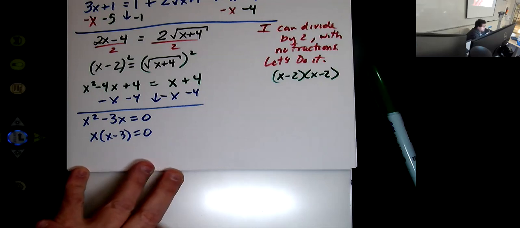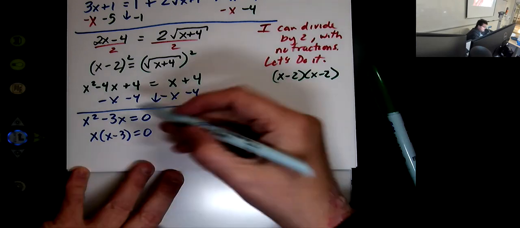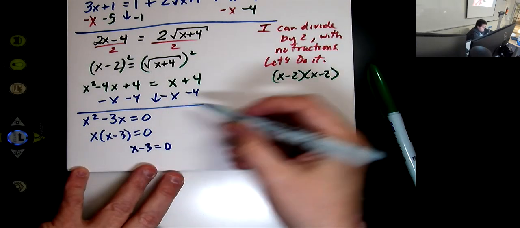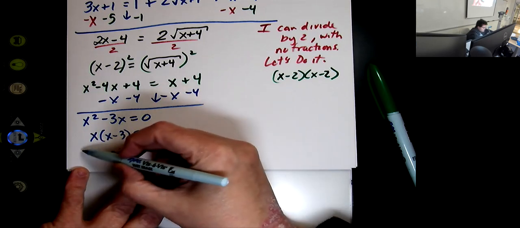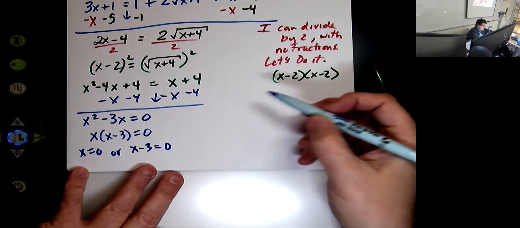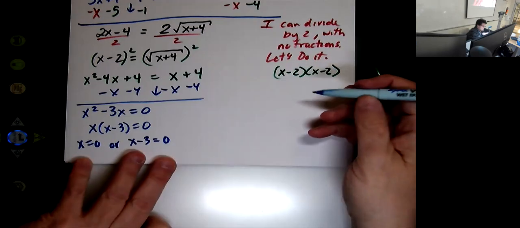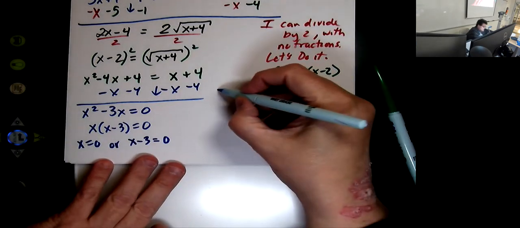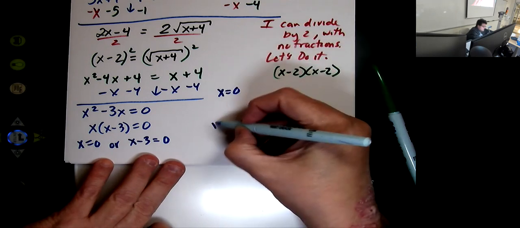One answer that most people can get right away, x minus 3 equals 0, but we also have that x equals 0. So we get two answers: x equals 0, or x equals 3.